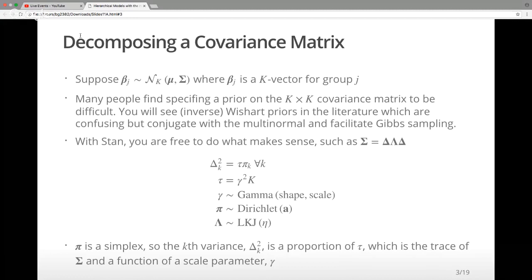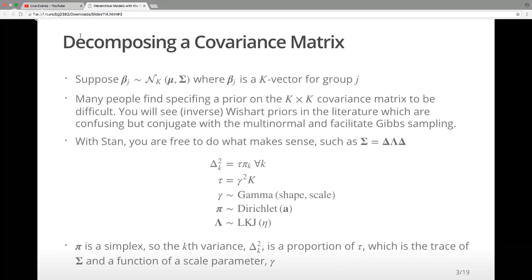So if tau is the trace, which is the sum of all the variances in a variance covariance matrix, and pi consists of numbers that are non-negative and add up to 1, we can think about pi k as being the proportion of the total variance that is attributable to the kth variance. So it's basically delta k squared as a proportion of the total variance in the variance covariance matrix. That's how we would interpret pi, as a proportion of total variance.